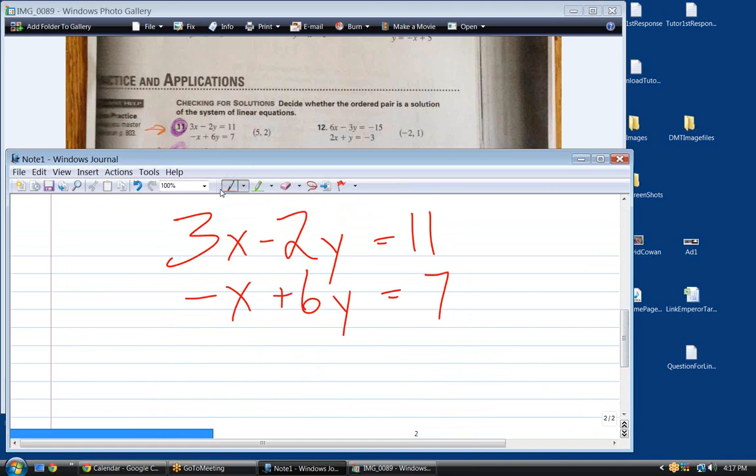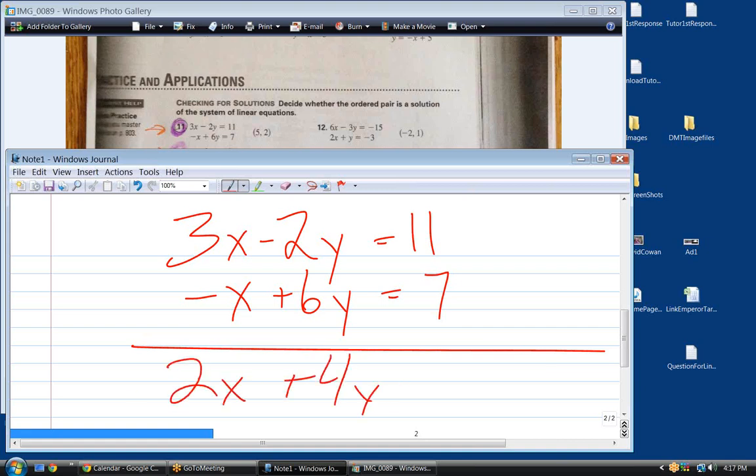What I want to do is add or subtract the two equations and try to eliminate a variable. Well, if I add the two equations right now, I don't. I get 2x plus 4y equals 18. That doesn't do me any good. I can't go anywhere from there.